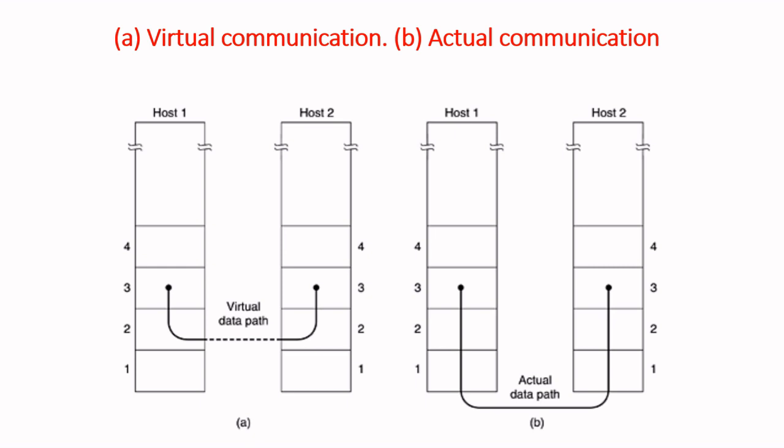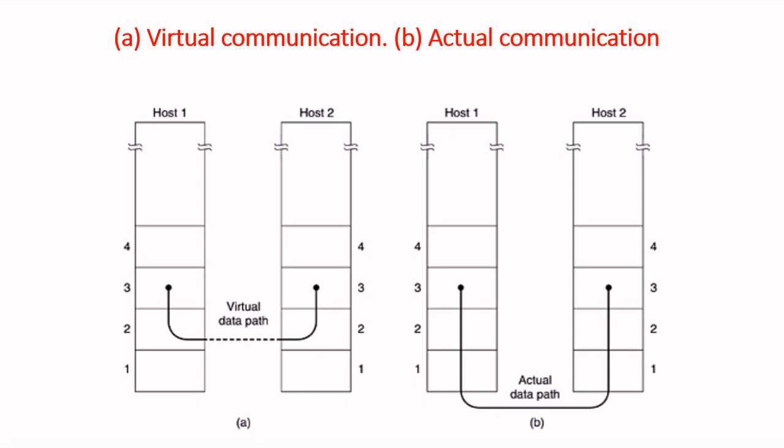Virtually this process happens, but how does the actual communication happen? These packets are transferred to the data link layer, and after that to the physical layer, and then through physical communication channels they are transferred to the host 2 machine, the destination, to its physical layer, then the data link layer, and finally the network layer.